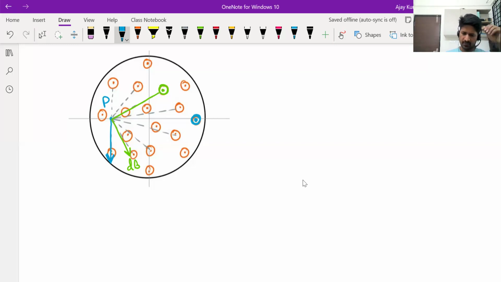Let's take some more currents. Say this yellow one, it will produce a magnetic field like this. Next, on the lower side, if you take this one, pink, it will produce a magnetic field like this.